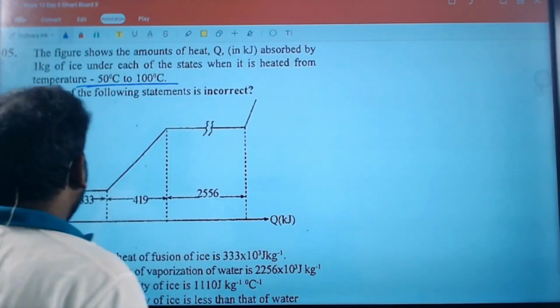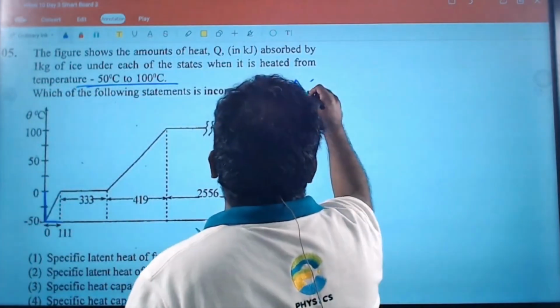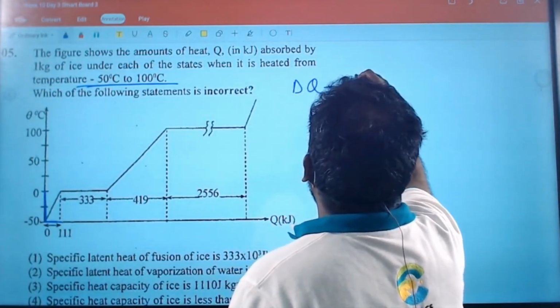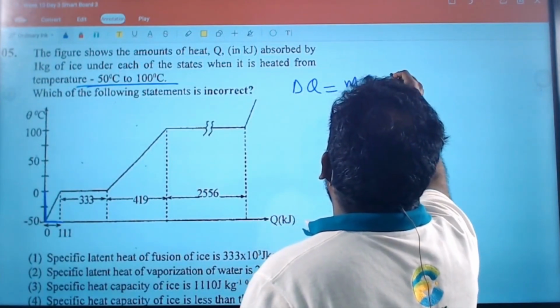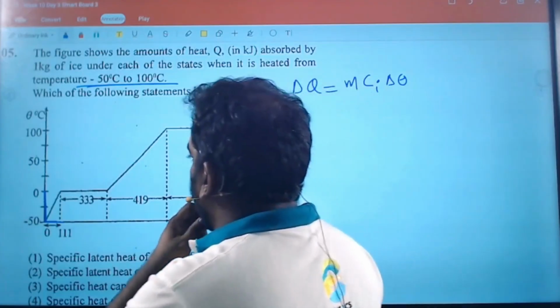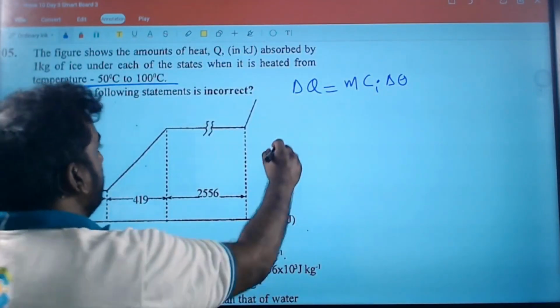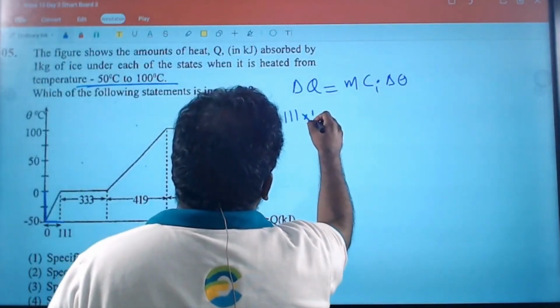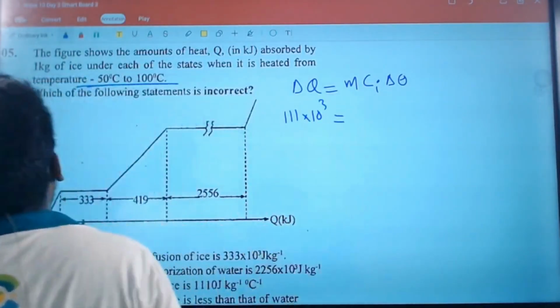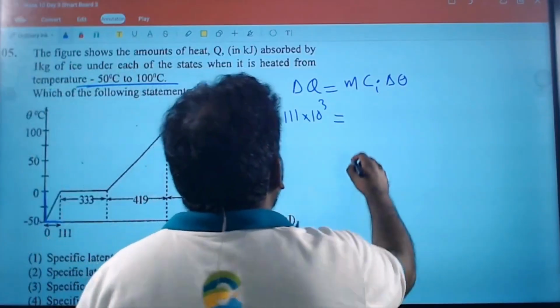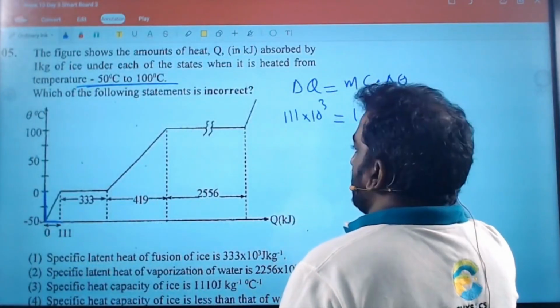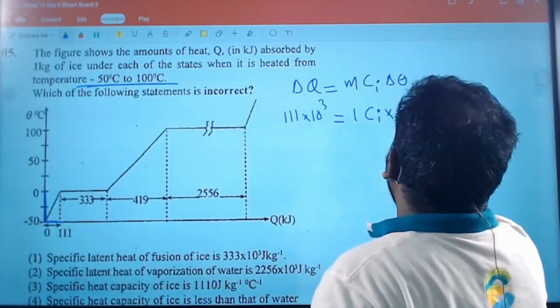So delta Q is equal to M ice delta theta. Delta Q here is 111 kilojoules. Mass of ice 1 kilogram. Specific heat capacity of ice. Change in temperature is 50.